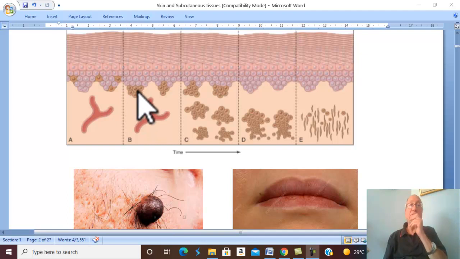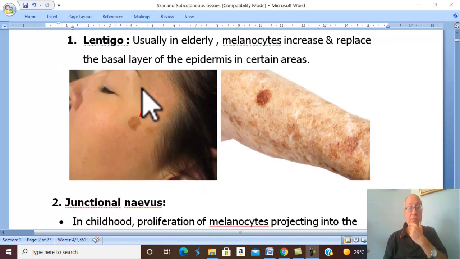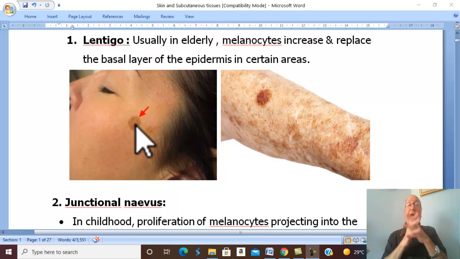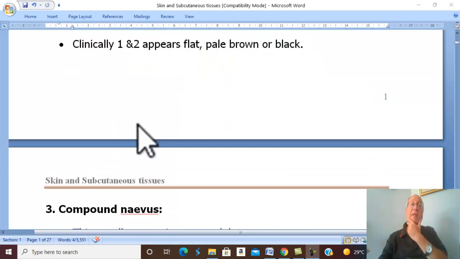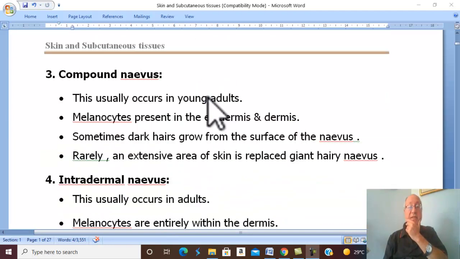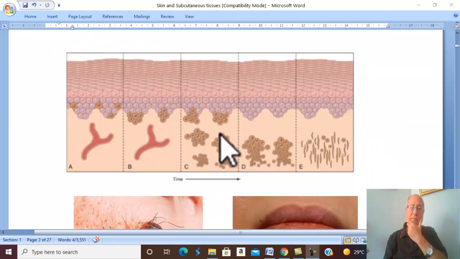Junctional nevus, like lentigo, is pale brown or black in color, at the same level of the skin. After many years, in adults, compound nevus develops. What is the compound nevus?